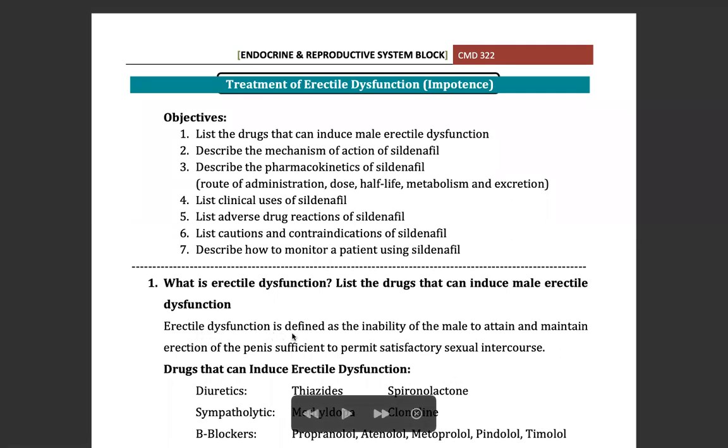Erectile dysfunction is defined as the inability of a male to attain and maintain erection of the penis sufficient to permit satisfactory sexual intercourse or performance.